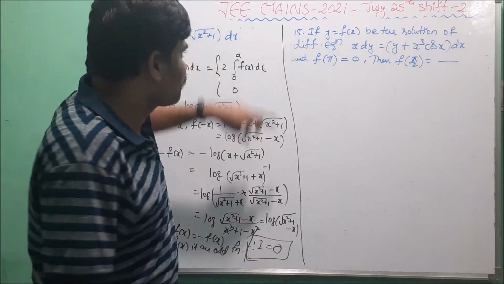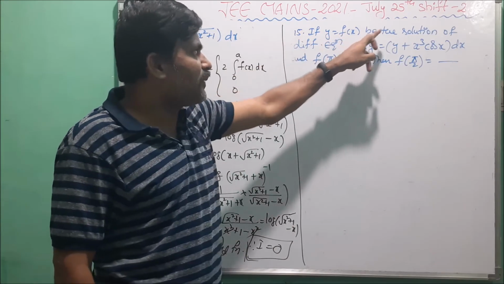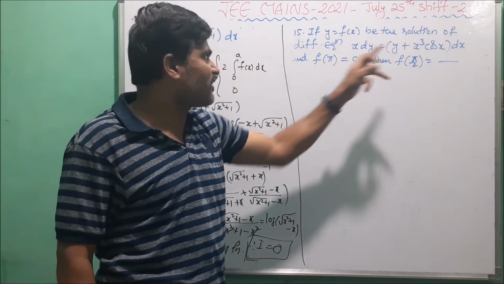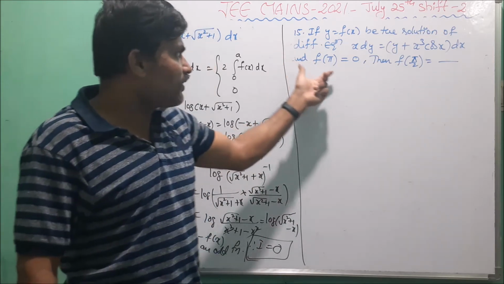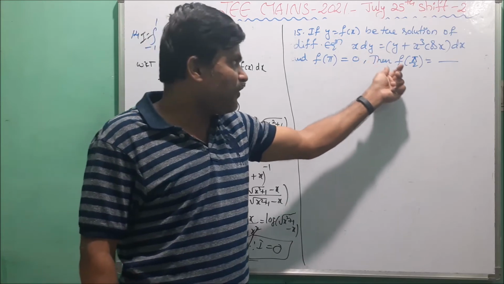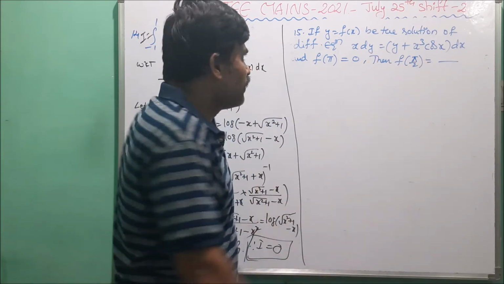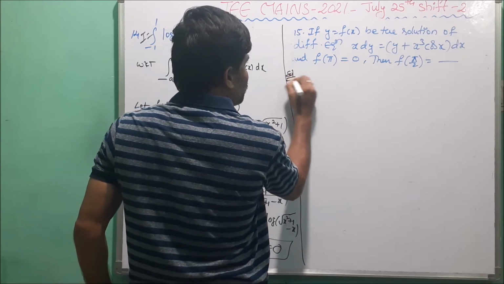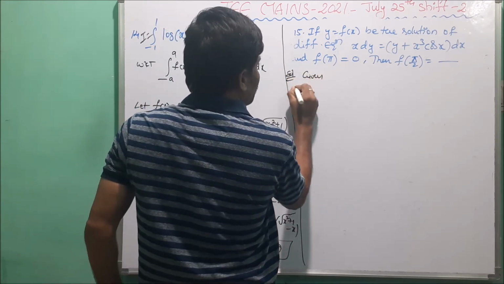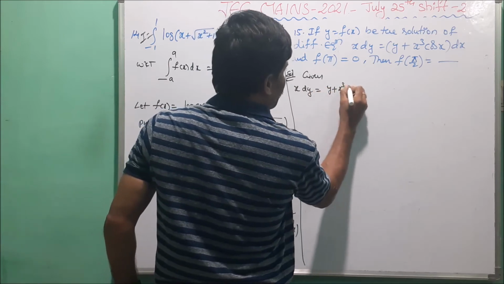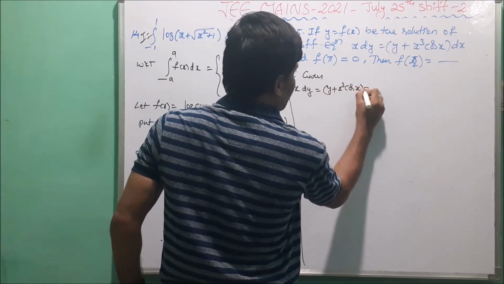Similarly, the next sum. If y equals f of x is the solution of the differential equation x dy equals y plus x cube cos x dx, and given the initial condition f of pi equals 0, find f of pi by 2. Now here the given differential equation is x dy equals y plus x cube cos x into dx.